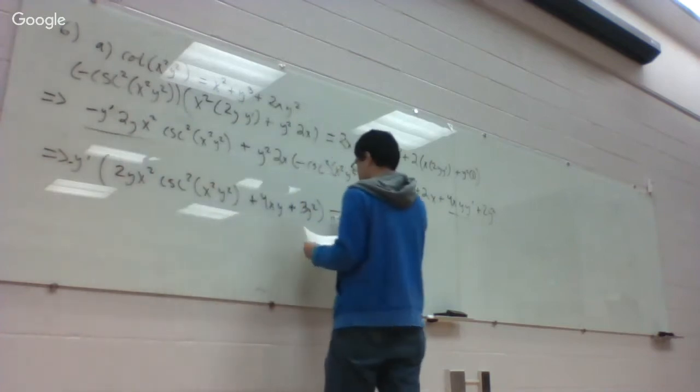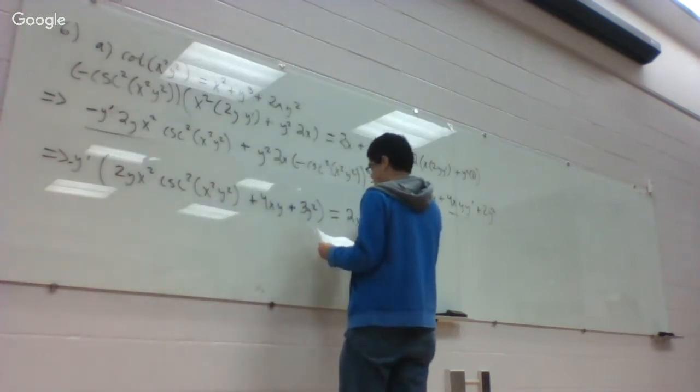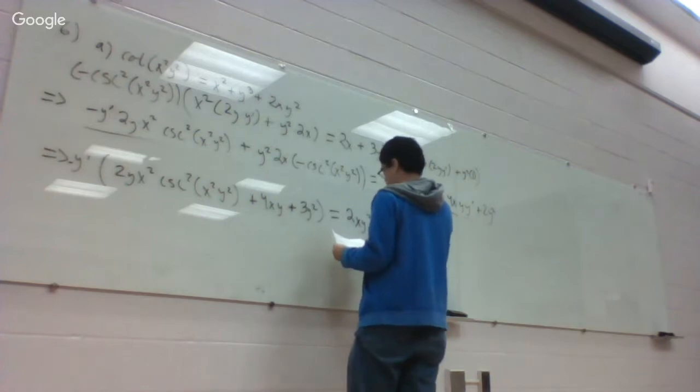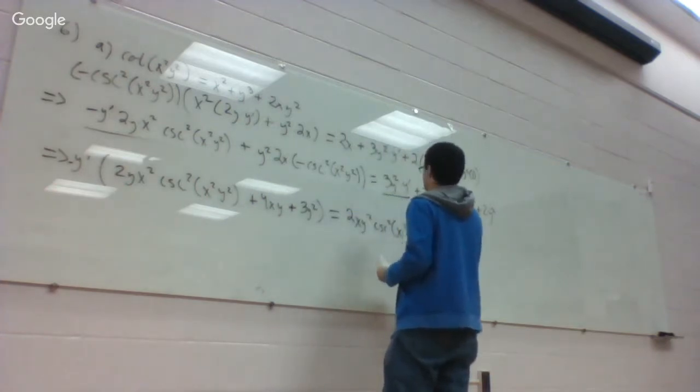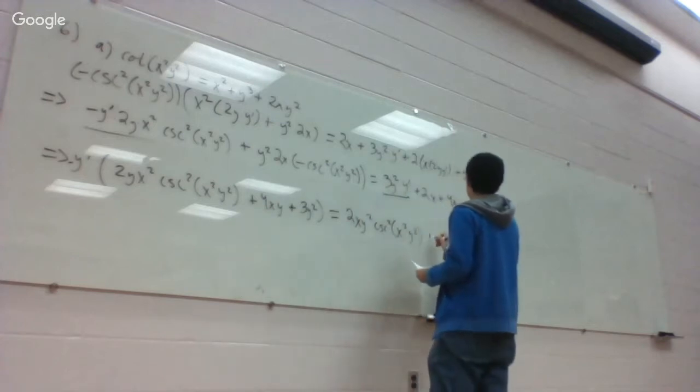And this whole thing is equal to 2xy squared cosecant squared x squared y squared plus 2y squared plus y.